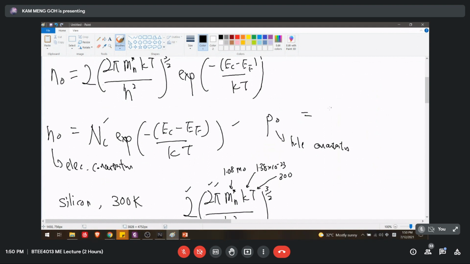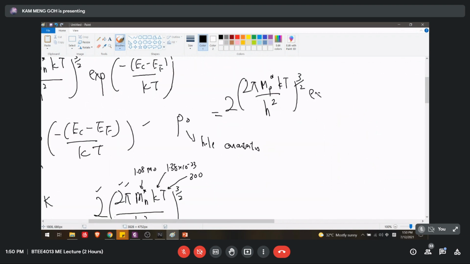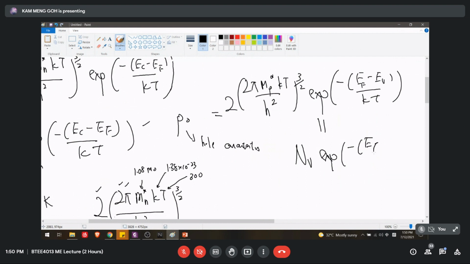This one will be equal to 2 pi mp asterisk kT over h squared to the power 3/2, then exponential minus (EF minus EV) over kT. So in short, you can further write it as NV exponential minus (EF minus EV) over kT.